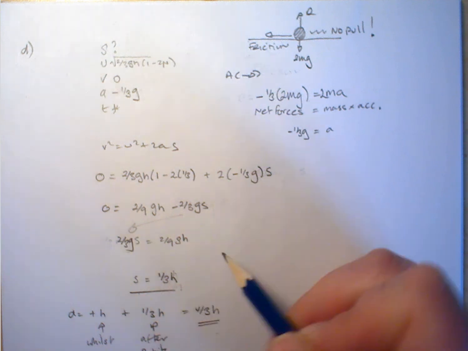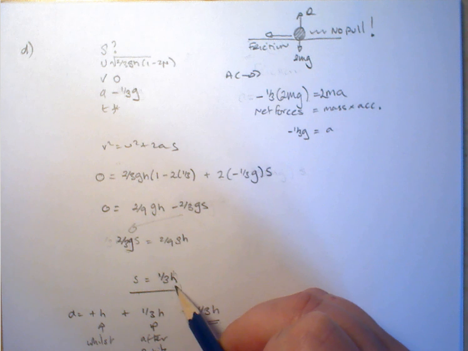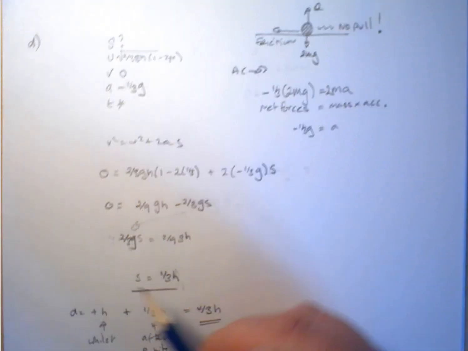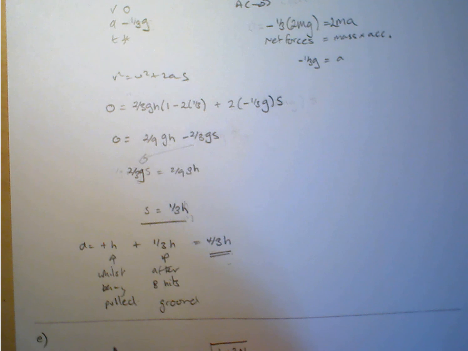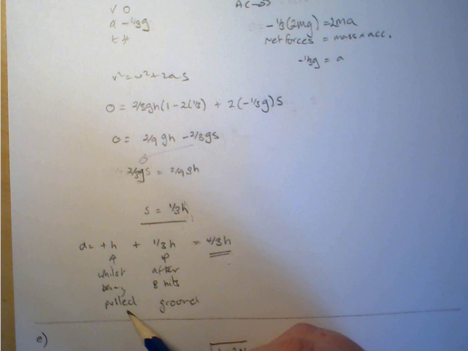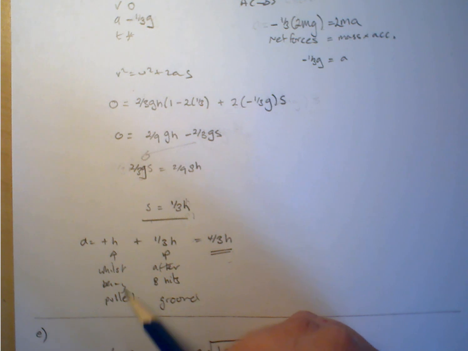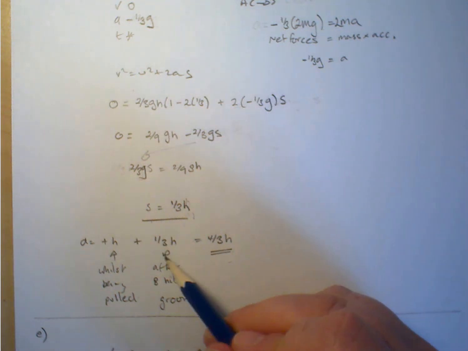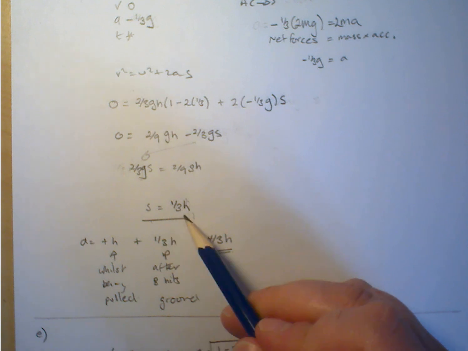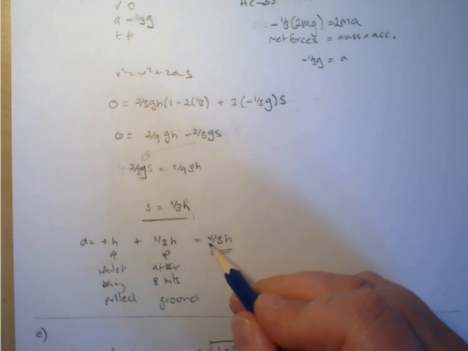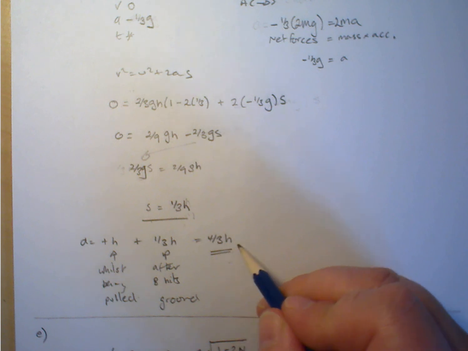If I do that, I get s is equal to a third h. The g is cancelling. Now you can see down the bottom here that we had two parts of the journey. So we had the bit when it was being pulled, whilst being pulled as B fell to the ground. Then after B hit the ground, it travels a little bit further, which we've just calculated here as a third h. So my final answer for D is 1 1/3 or 4/3 h.